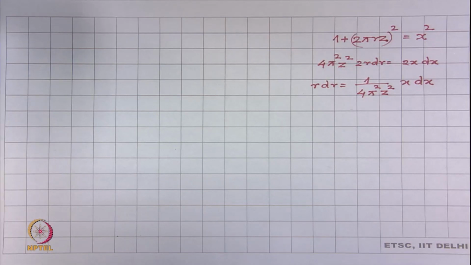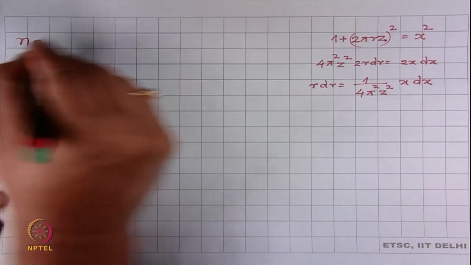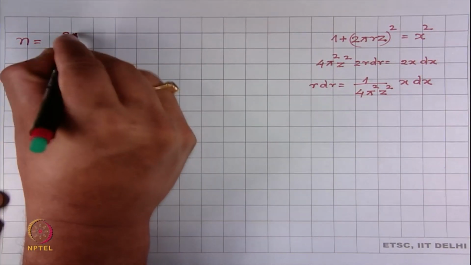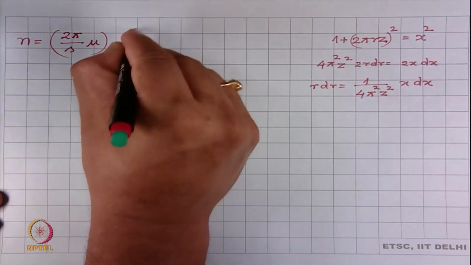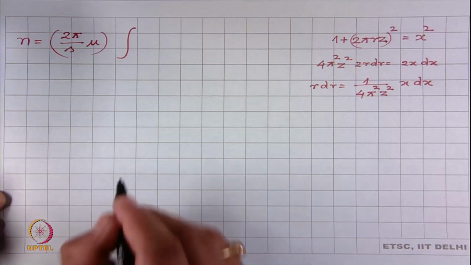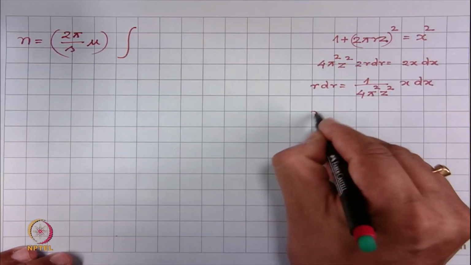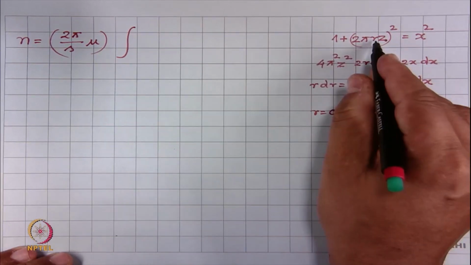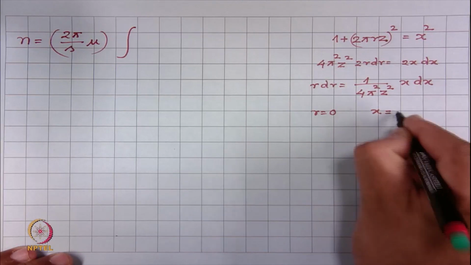So, then n is equal to 2 pi by s into mu. This limit now we will change. If r is equal to 0, then what will be x? x is equal to 1.